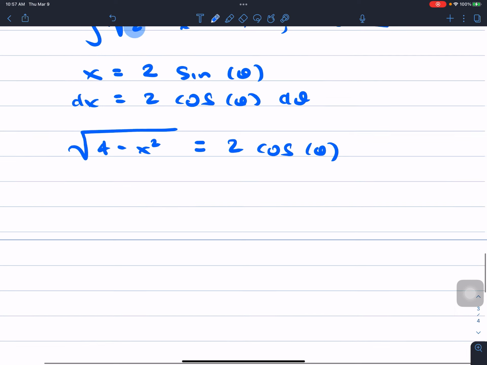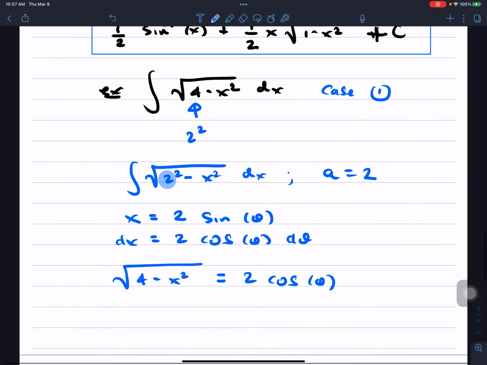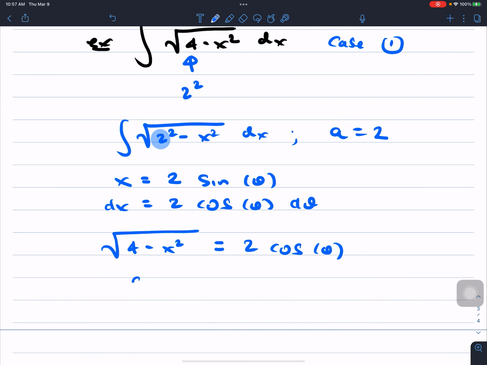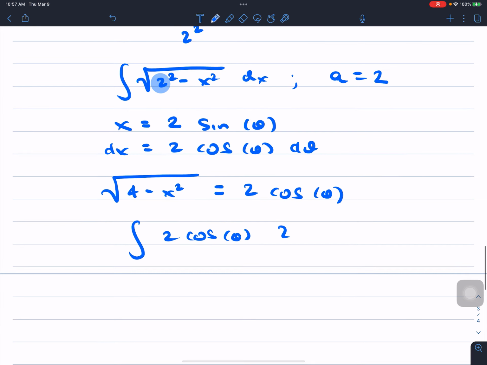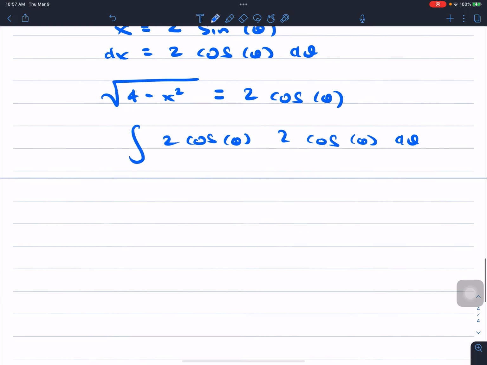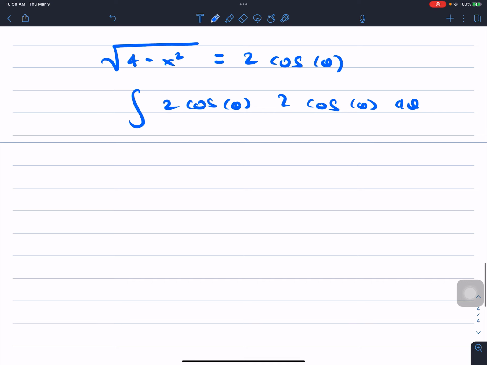What does this integral become, ladies and gentlemen? By case 1, we get what? 2 cosine theta. And what's dx? 2 cosine theta d theta here. And what does 2 times 2 give you? It gives you that constant of what? 4. And you integrate now cosine squared theta d theta for you guys. Okay?